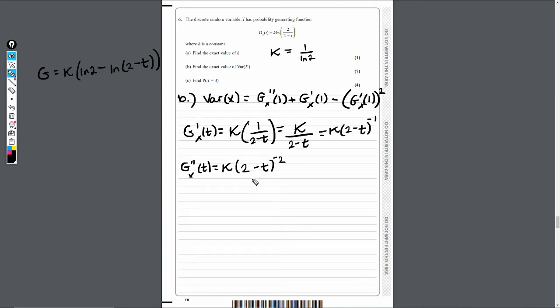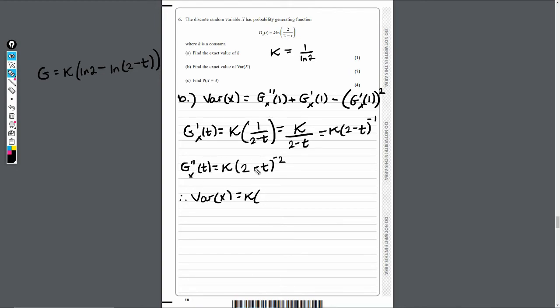So we've got the second derivative, we've got the first derivative, we've got everything we need now. Now all we've got to do is plug in t equals 1. So, therefore, variance of x will be equal to k lots of 2 minus 1 to the minus... so what we're doing first, we're doing the second derivative first.